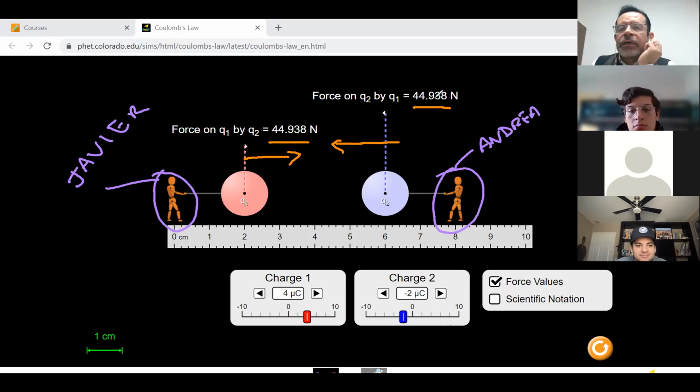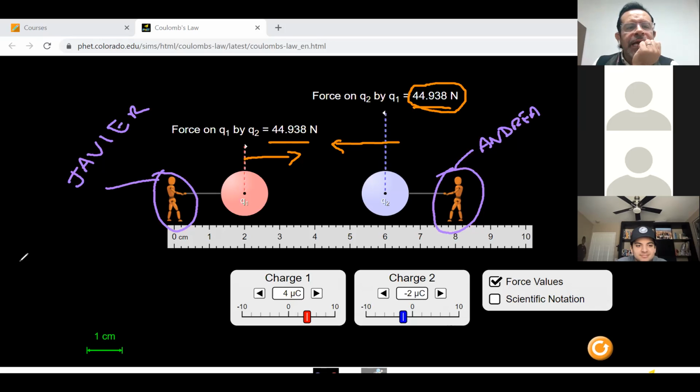Now, thank you, Javier. Now, how is this force calculated? It's calculated using Coulomb's law. So this 44.938 newtons is Coulomb's law. F equals K Q1 Q2 over R squared, where this is Q1, this is Q2.